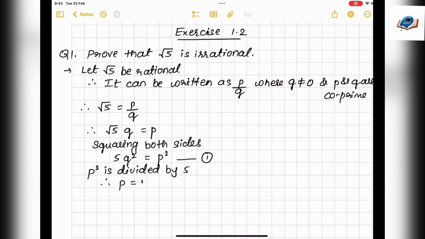Therefore, P equal to 5C. Squaring both sides, P square equal to 25C square.